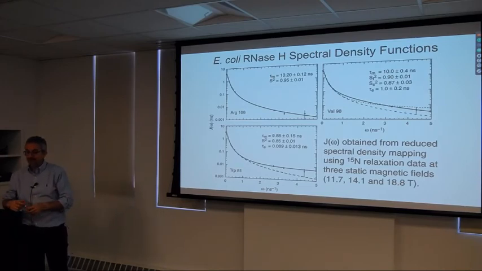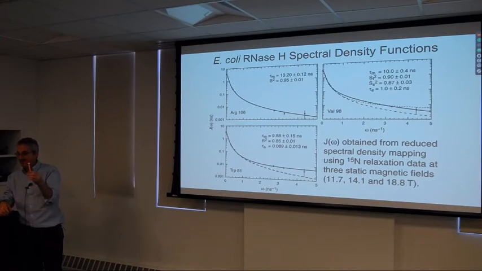Order parameters would be 1 if there was no internal motion, so this is a pretty rigid site. In fact, the extent of motion is so small that we can't resolve the internal correlation time. Until the internal correlation times get to be about 30 picoseconds, they're essentially unresolvable in these experiments.